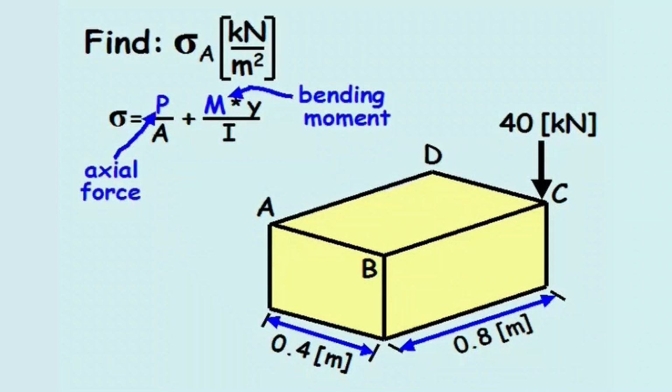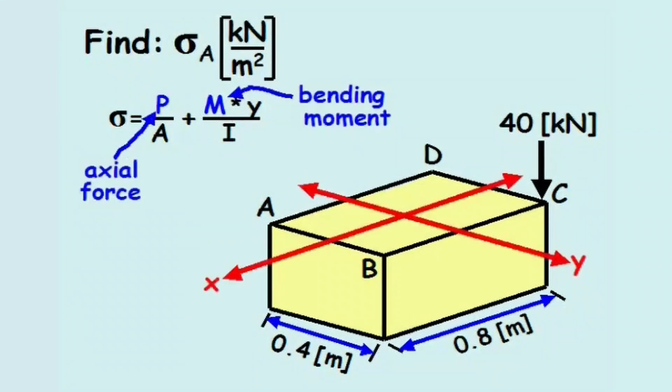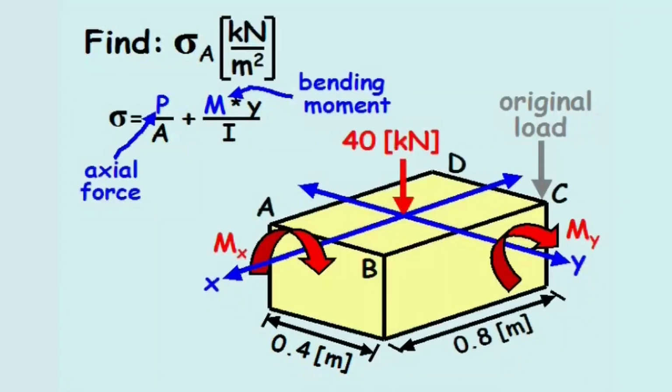If we define a coordinate system whose origin is equally centered between points A, B, C, and D, with the x-axis running along the length of the prism and the y-axis running along the width of the prism, then the 40 kilonewton point load at point C can be represented as a force couple system by translating the point load to the origin of the coordinate system and adding bending moments about the x and y axes to compensate for that translation.